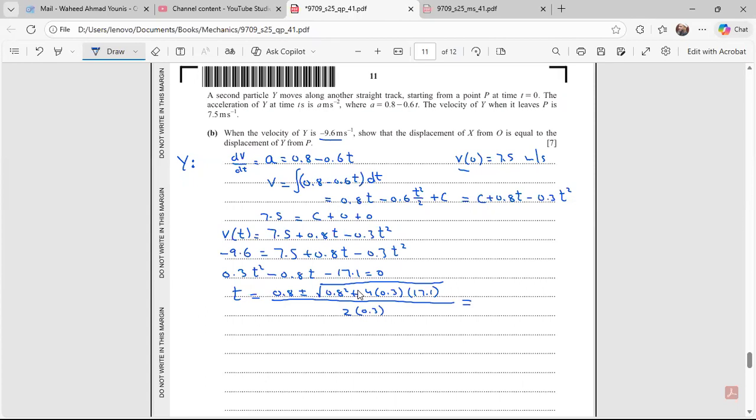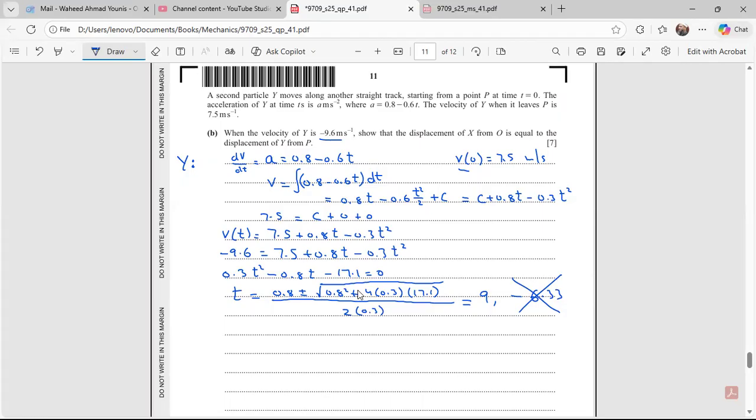Okay, and when we simplify this, it gives us two answers. One is 9, and the other answer is minus 6.33. Of course, this is not a reasonable answer, so we will use the time as 9. So at 9 seconds, the speed was minus 9.6 meter per second.